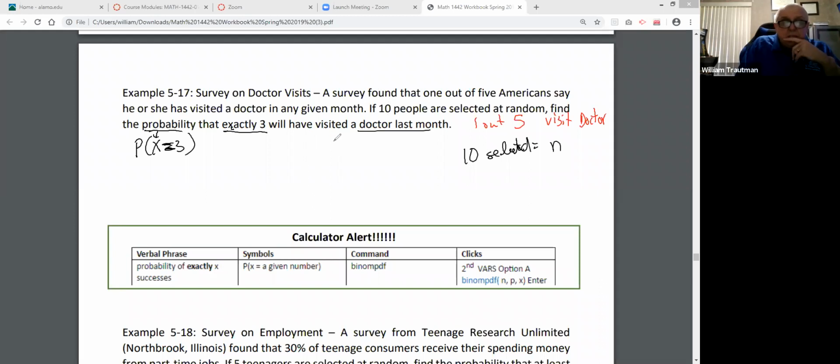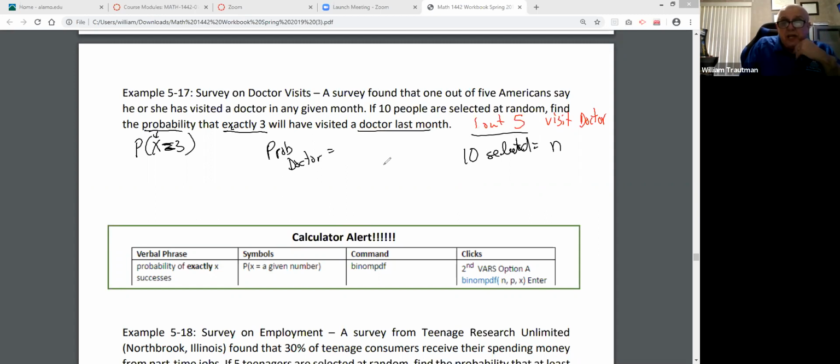What's the probability that somebody goes to the doctor? It's 1 out of 5.